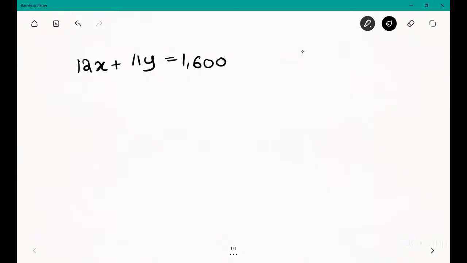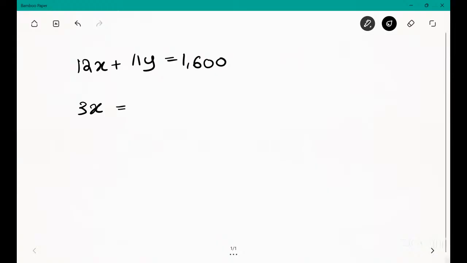They're saying 3 times the number of white lotus flowers, which is 3x, is used. This is 100 more than the number of red flowers.